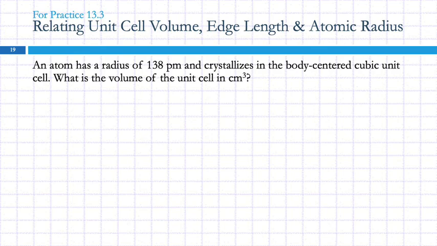We're not talking about the density yet. Here, we're just going to talk about the volume of the unit cell. So this says we have a radius of 138 picometers, and it's a body-centered cubic unit cell, and they're asking us for the volume.